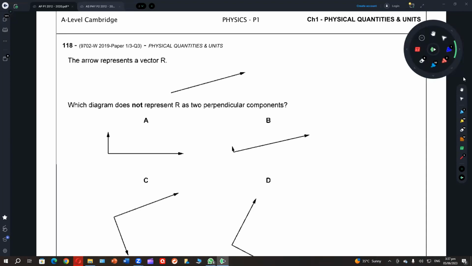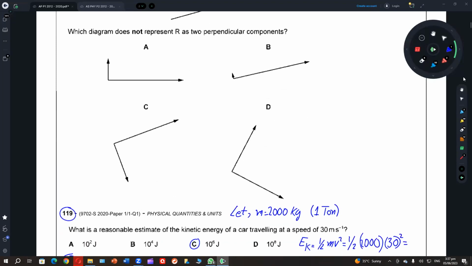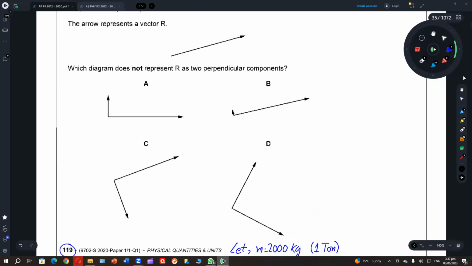The components should be head to tail, and one is the horizontal component and the second is the vertical component. So we have to check the resultant in these.